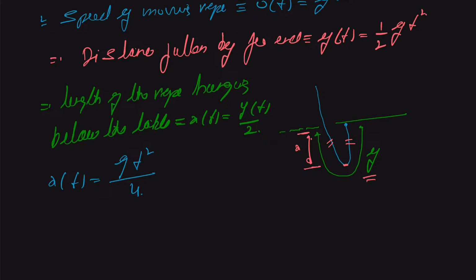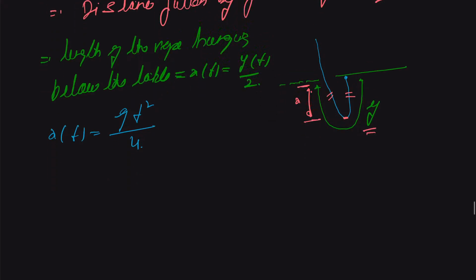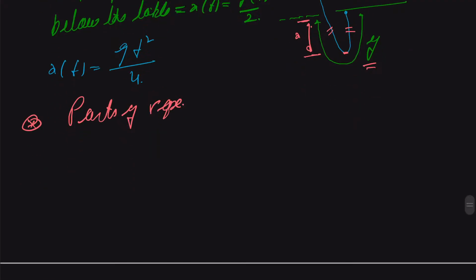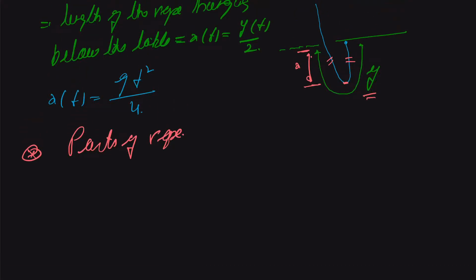And once again we are going to divide this rope into two parts. First will be a moving rope and the other one will be a stationary part. Or we can say parts of the rope, at time t.